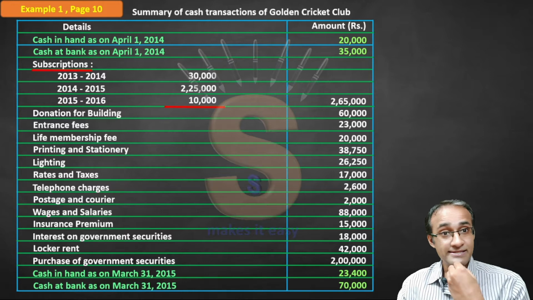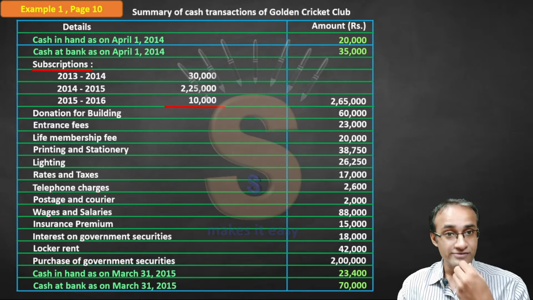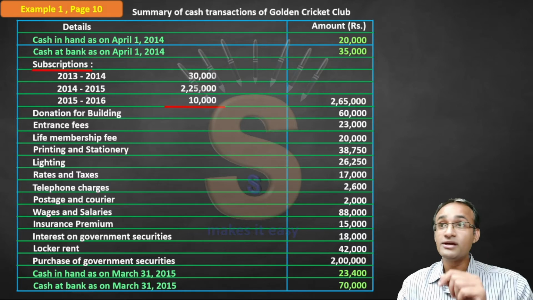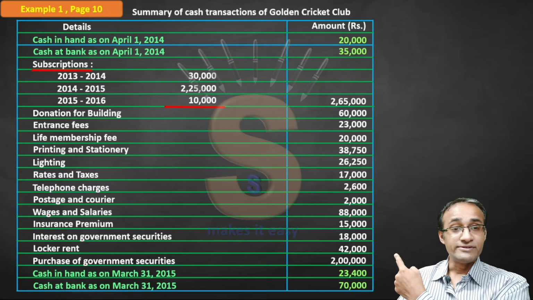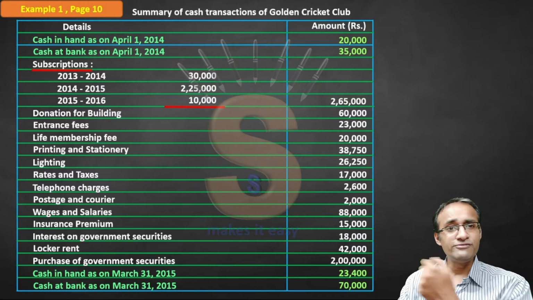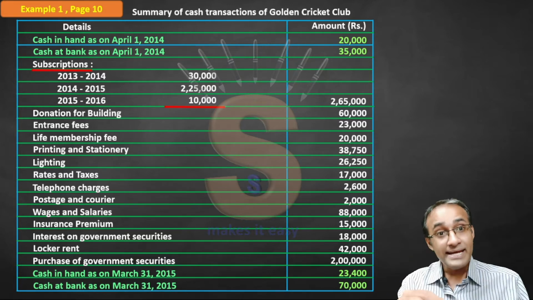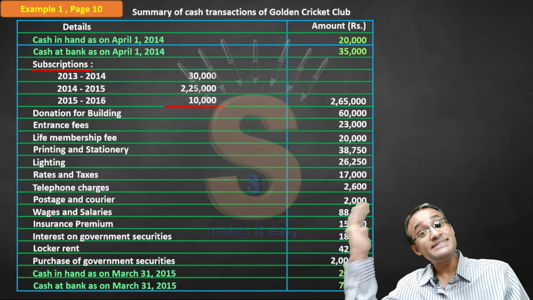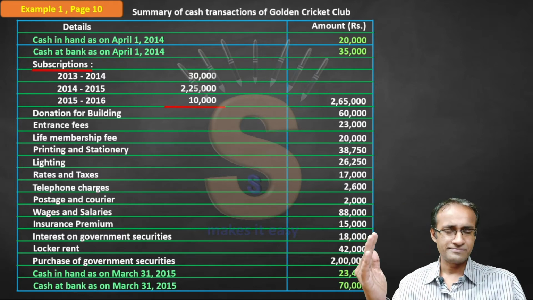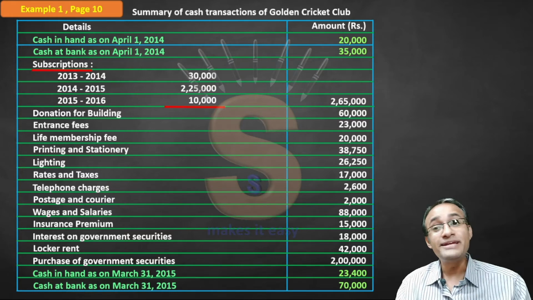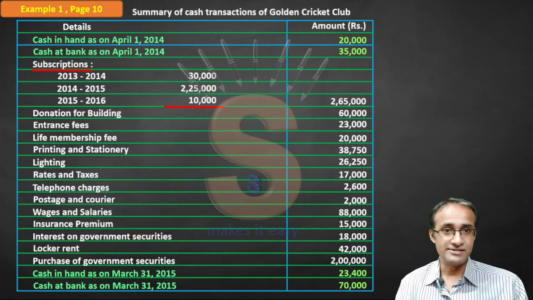Members gave money, fees, membership fees, it is a receipt, so it must come on the receipt side. But if you see, sir, there are 3 years given, 13-14, 14-15, 15-16. What does this mean? Some members paid the last year's membership fees, many paid for the current year, and a few paid in advance for the next year.